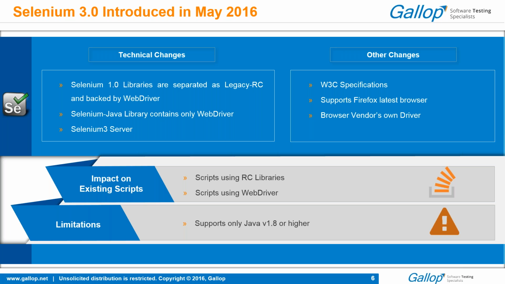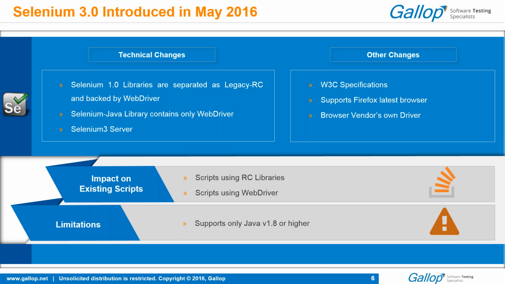And coming to the scripts that are still using Selenium RC, the older way of Selenium scripts, and I'm sure there might be very few people because most of them have already migrated to WebDriver. But in case somebody is still using RC libraries, then it's time to move on to 3.0 and start migrating them to WebDriver.